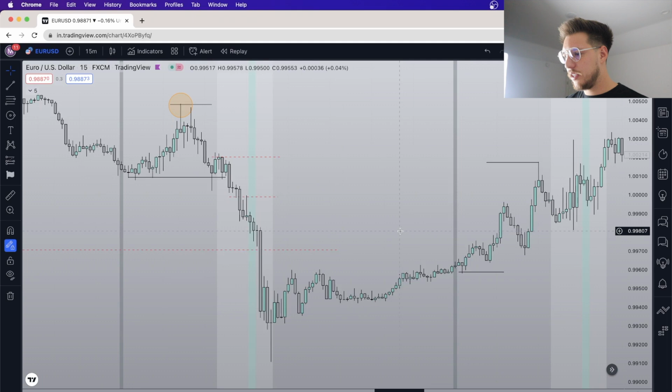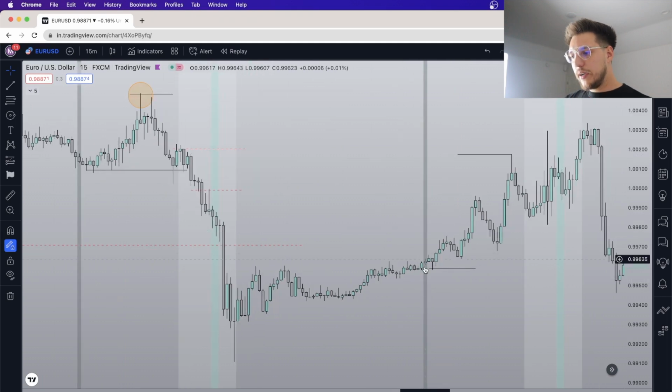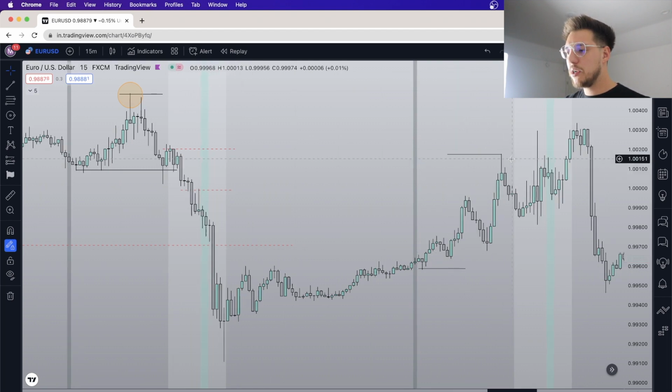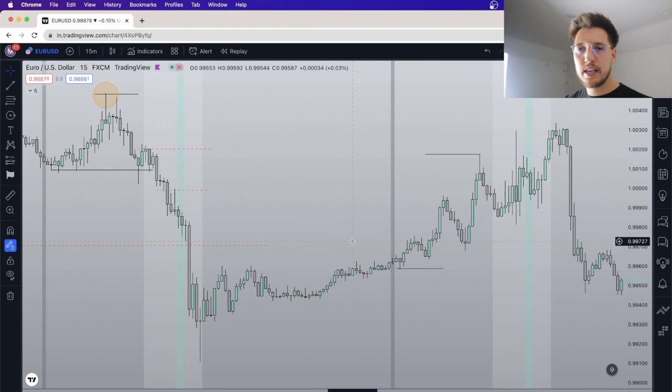Let's do one more example. Over here, we can see London low and we can see London high. By understanding the fact that market has created London low and London high, okay, I want to see if London had given us any hints, any points of interest in which market could potentially come down into before continuing going higher.